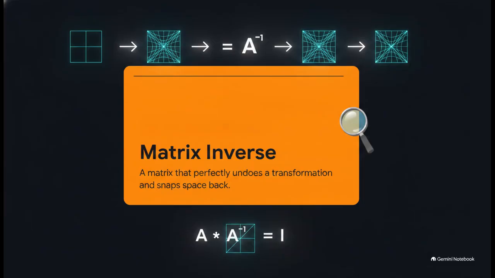And this brings us right to the matrix inverse. If a matrix A represents some transformation reshaping space, its inverse, which we write as A with a little -1 exponent, is the matrix that perfectly undoes it. It takes that transformed, warped space and just snaps it back to exactly where it started.